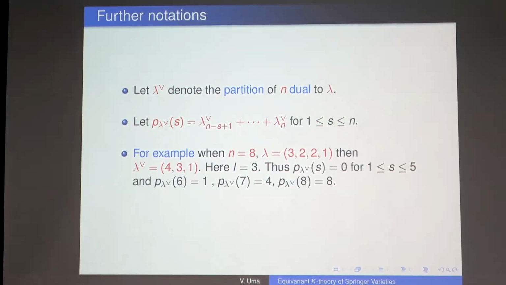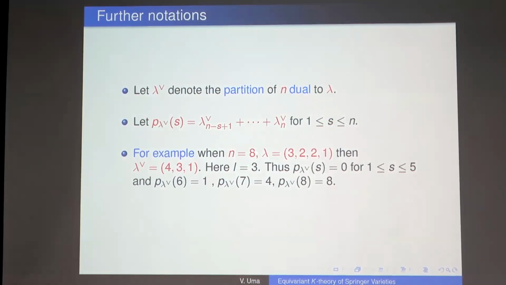P_lambda check of s is the sum of these numbers from n minus s plus 1 to n. This sum could be 0, since after l we put them as 0, but to make sense of this definition we include from n minus s plus 1 to n, where s varies from 1 to n. So we are just adding up the lambda_i's, starting from the end and going onwards up to the last one.